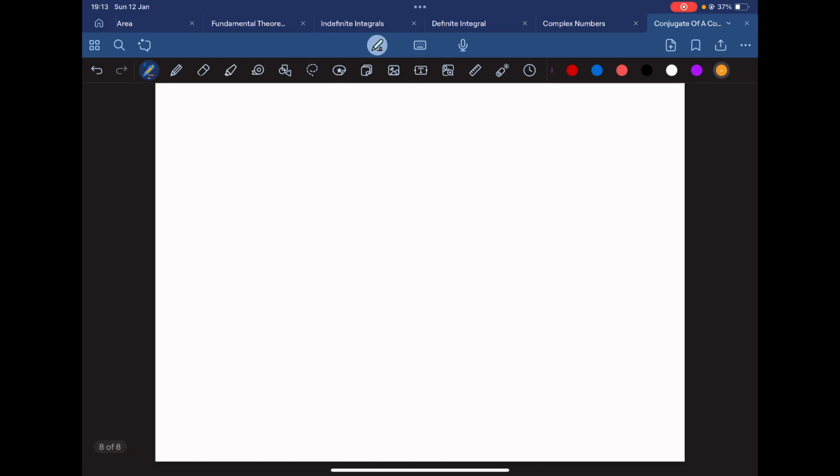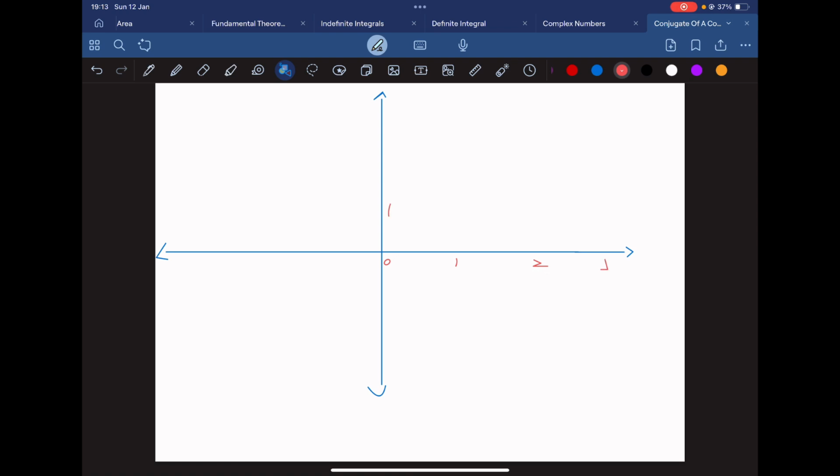So now let us represent it on the Argand diagram. So on the Argand diagram, we have, this is not drawn to scale, 0, 1, 2, and 3, and negative 1, negative 2, and negative 3 on each axis.